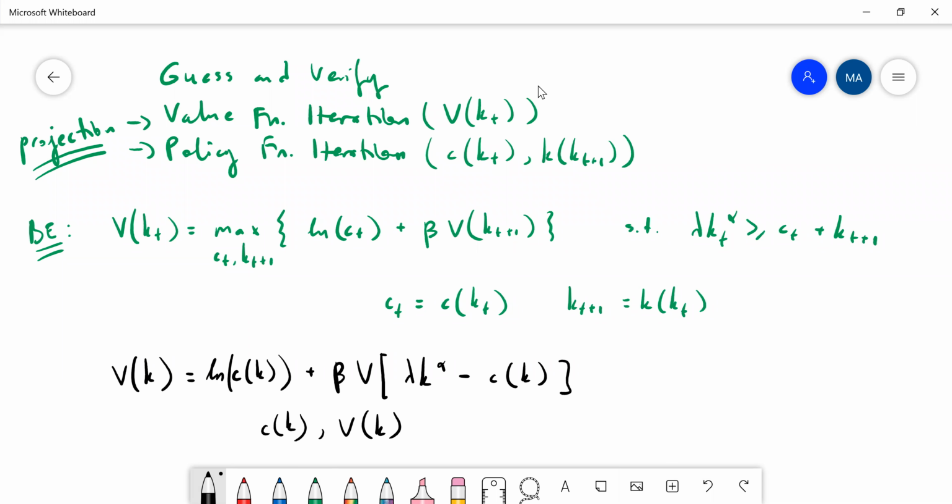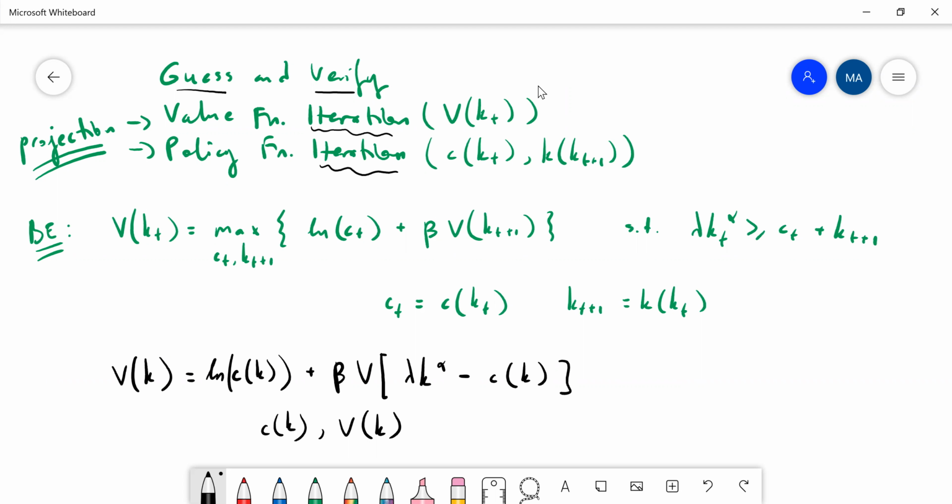Last week we used a guess. If we are lucky, the guess is correct, so we can verify it. That's the solution. Now we're going to look at projections. We first project a value function for the initial step. These are iteration methods, so we keep trying to find the correct ones.